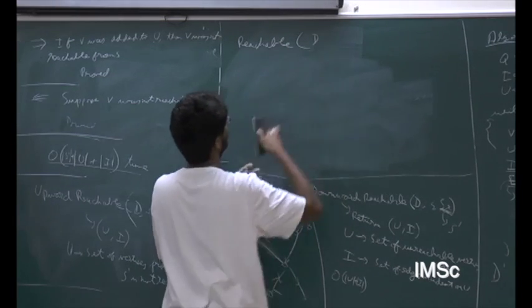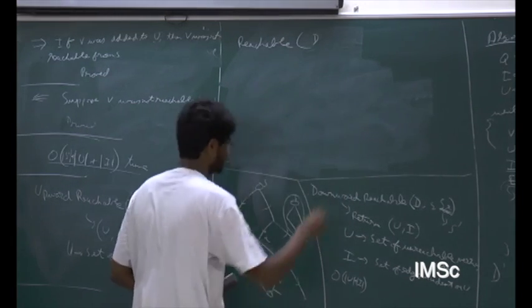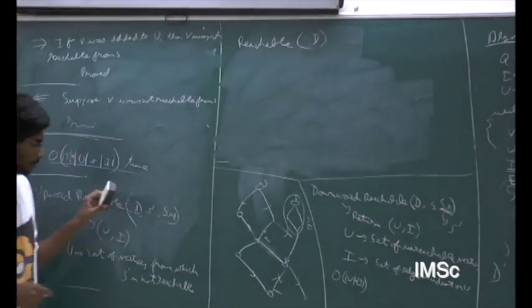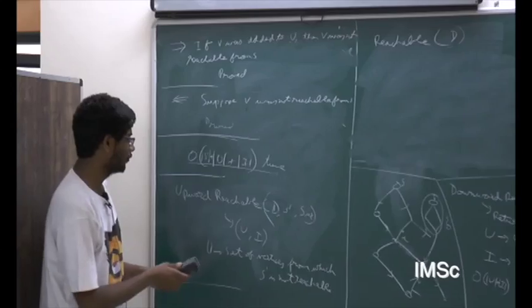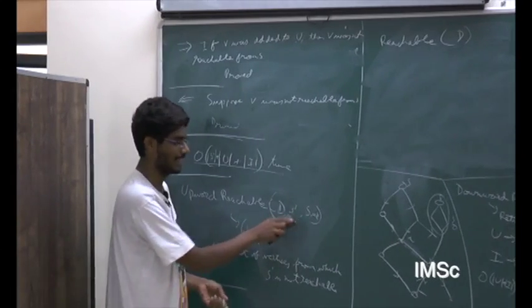In general graphs or even in DAGs, it'll be very clear from the context what S and S prime are.